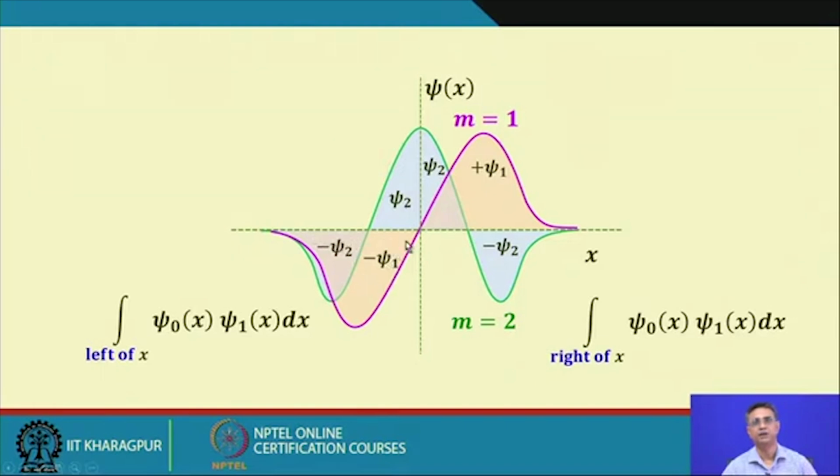This part multiplied by psi 2 and psi 1 will give you the left hand side, and similarly psi 2 and psi 1 on the right hand side will give you the same value, with a minus sign for this part and this part, and a plus sign for this part and this part, which will be equal to 0.